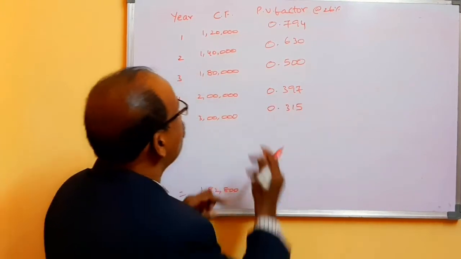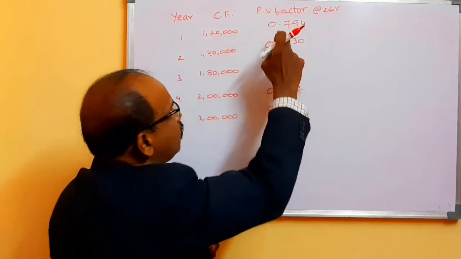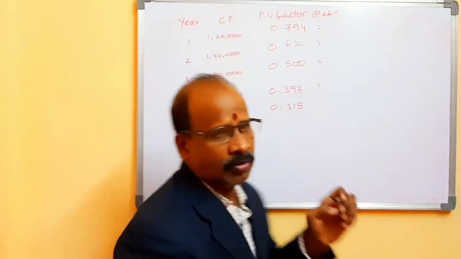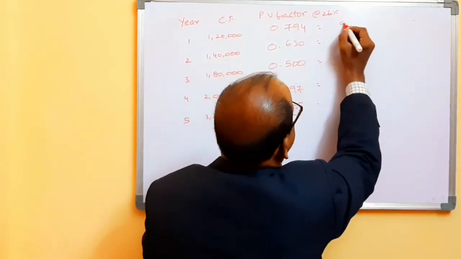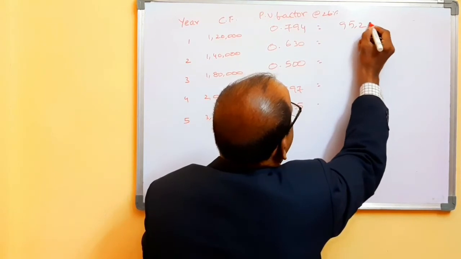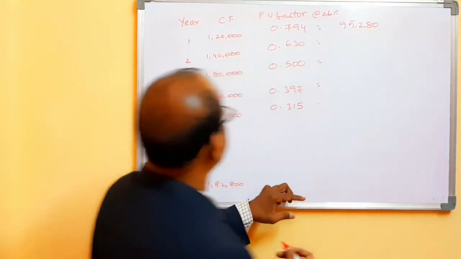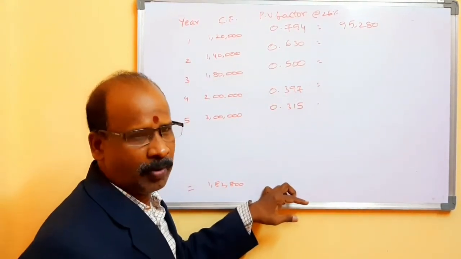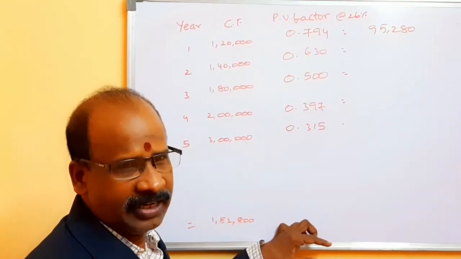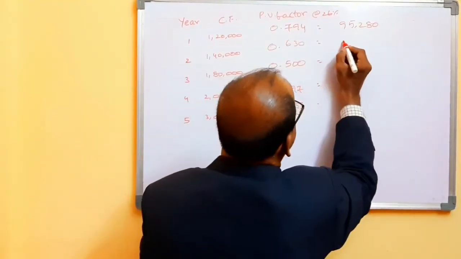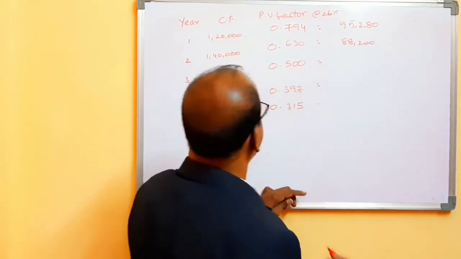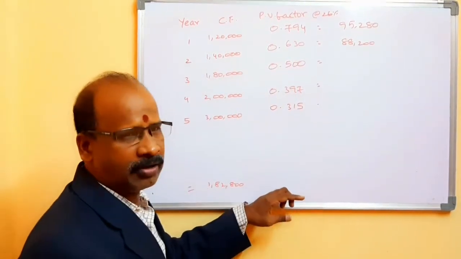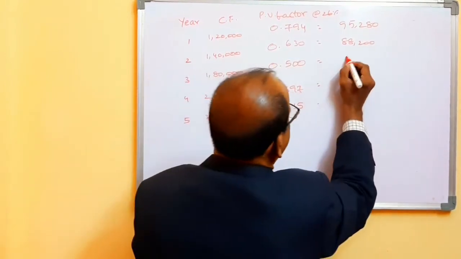Now you multiply 1,20,000 into 0.794, we get 95,280. Second year 1,40,000 into 0.630, you get 88,200. Third year 1,80,000 into 0.500, we get 90,000.